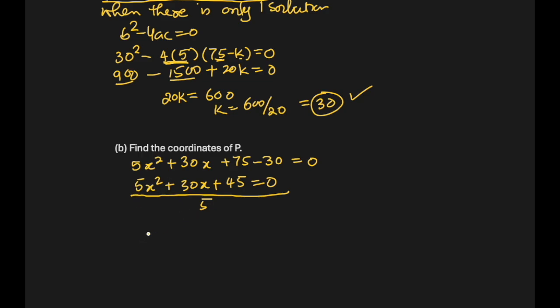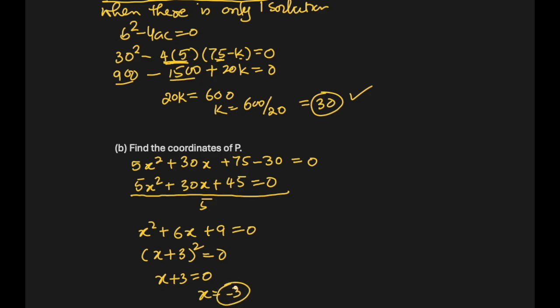So 5x square divided by 5, x square plus 6x, and 45 divided by 5, 9. I can clearly see that it is again x plus 3 square. It's a perfect square. You can use the quadratic formula, or you can split the middle term. You will get x plus 3 whole square. So it gives us x plus 3 equal to 0, or x is equal to minus 3.